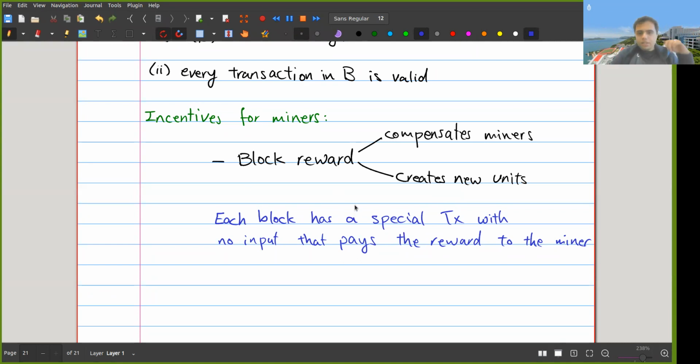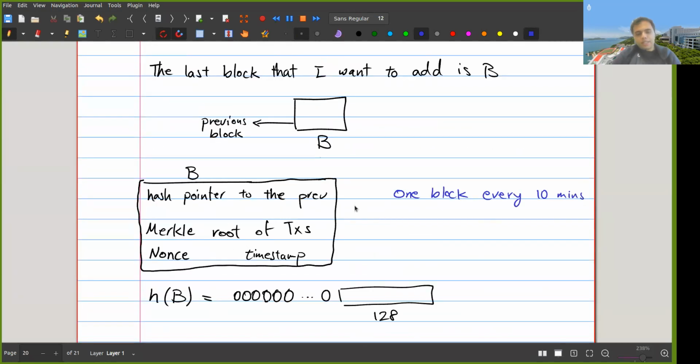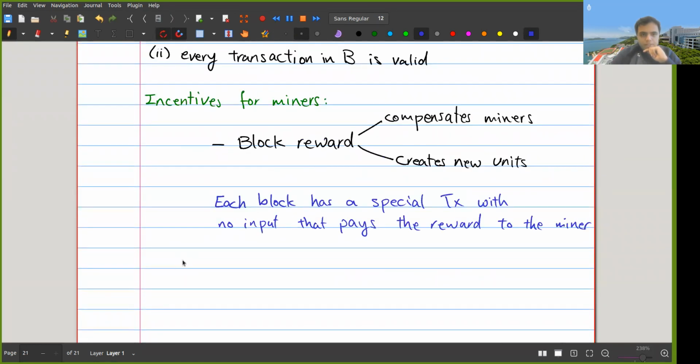You get, let's say, 12 and a half or 6.25 Bitcoins every time you successfully mine a block. But if that's the case, as a miner, why should you even bother looking at the transactions? Why should you even put transactions in your block? You can always just have the empty Merkle tree here and just look for the nonce, right? So this is the reason why we have another type of incentive for the miners. And this other type of incentive is called transaction fees.